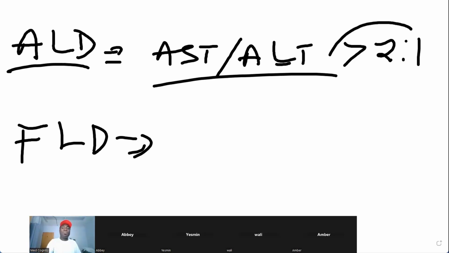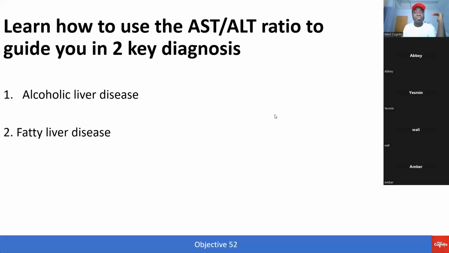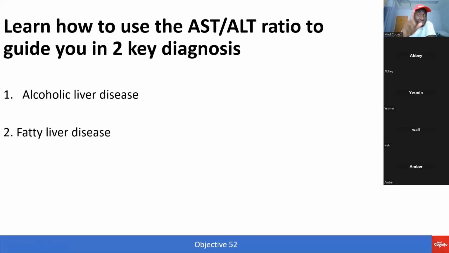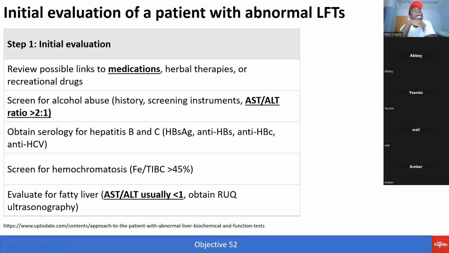So it looks like everyone has dialed in the alcoholic liver disease one. Okay, I will not hold you for that. I will go in and show you how you're going to distinguish that. So Dr. Yasmin, yes, it is true. Alcoholic liver disease will be 2:1, but then we'll come back and then look at something.